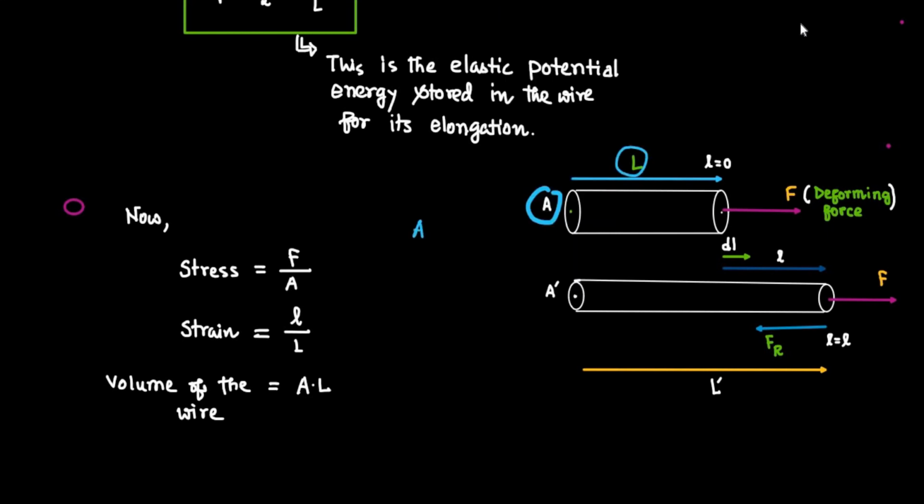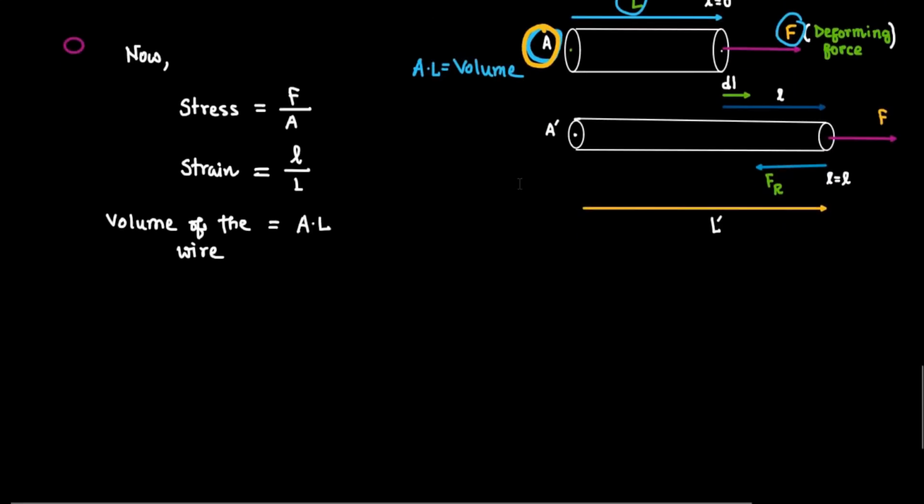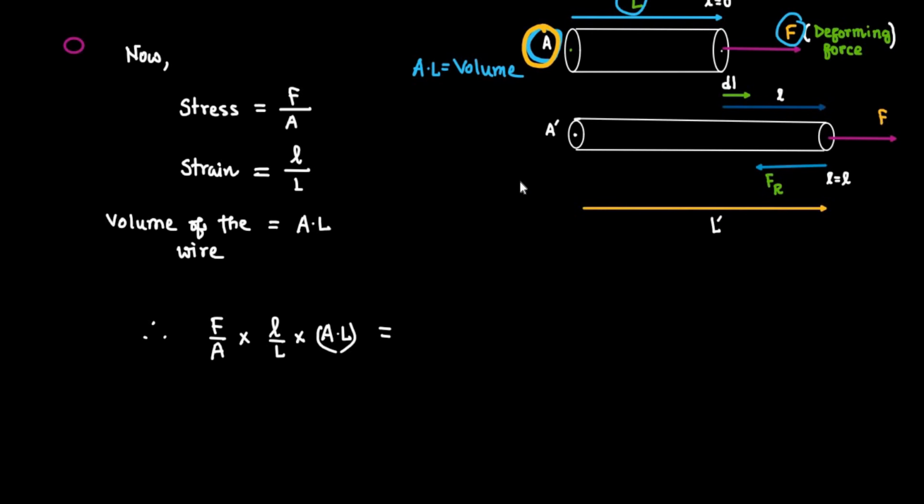A is the initial area, L is the initial length. So now we can find the product of F by A, l by L, and A dot L, which equals F l.